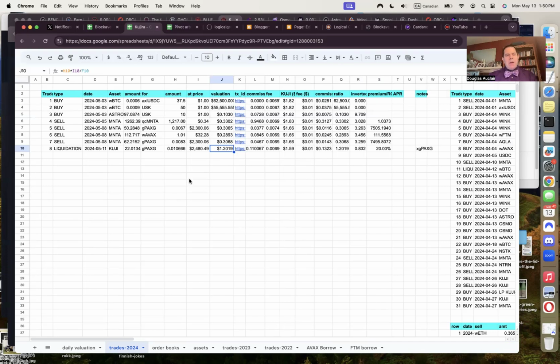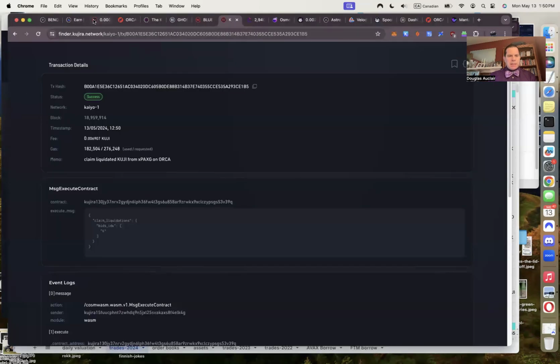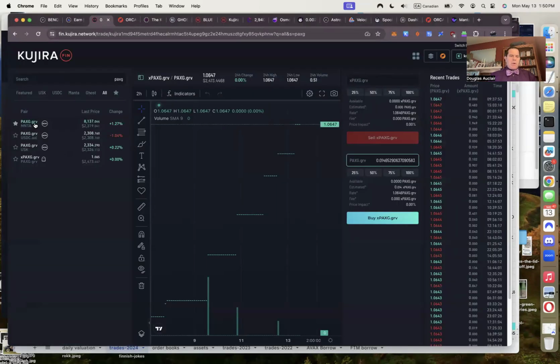Excellent. And so now I have the liquidated Kuji. What I do from there is, if you look at the Fin marketplaces, the gold marketplaces do not have a Kuji to gold board. Maybe they should, but they don't.